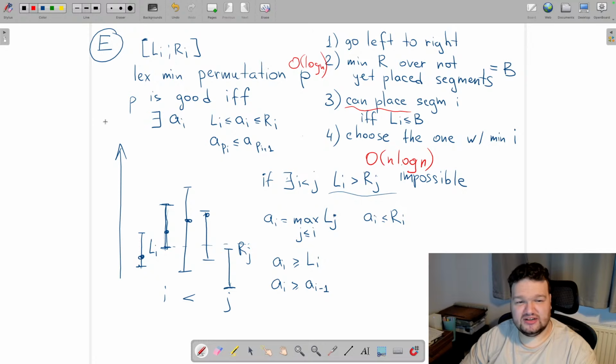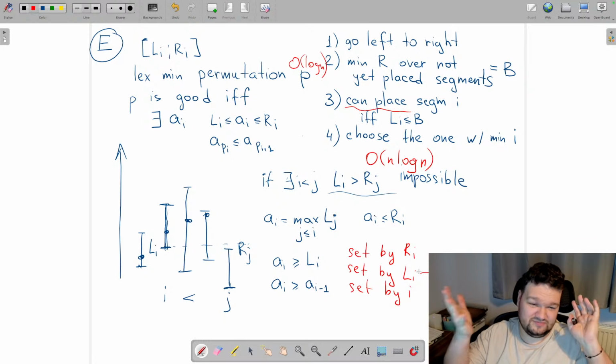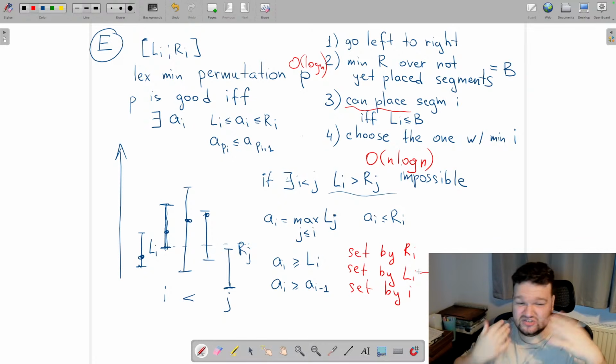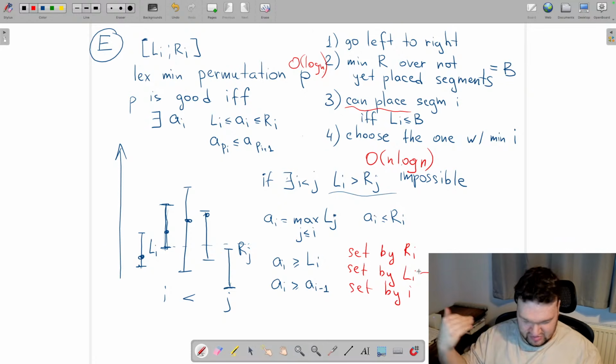Yeah, if you want to try to optimize the constant, we had a set by Ri, a set by Li, and a set by I. So this doesn't need to be a set, it can be just a sorted list, because we do not insert anything, we do not take out from the middle, we just take the smallest element.